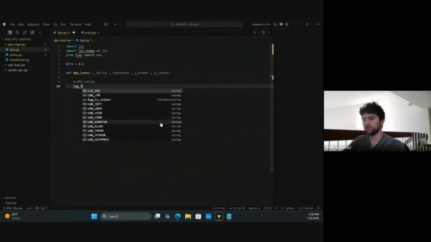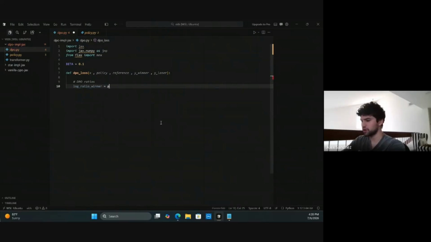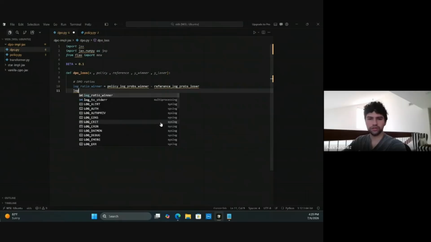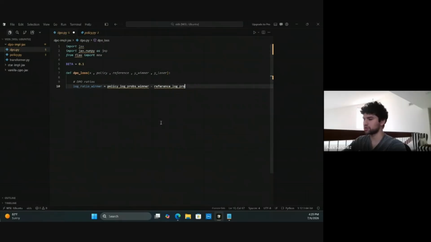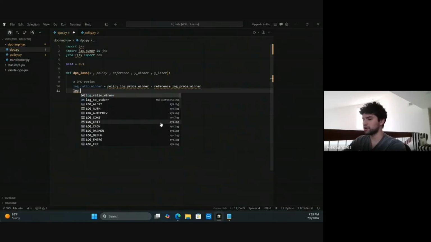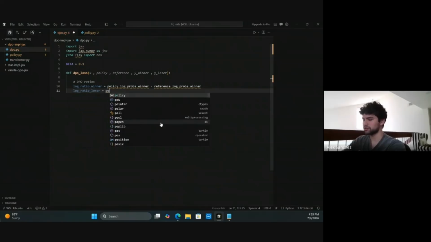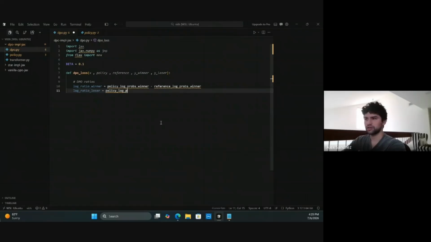We're going to have the log ratio of the winners, or let's just say the policy log probs winner minus the reference log probs winner. And then here we're going to have the log ratio of the loser, which is equal to the policy log probs loser minus the reference log probs loser.